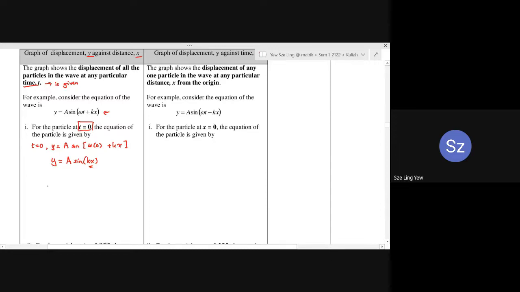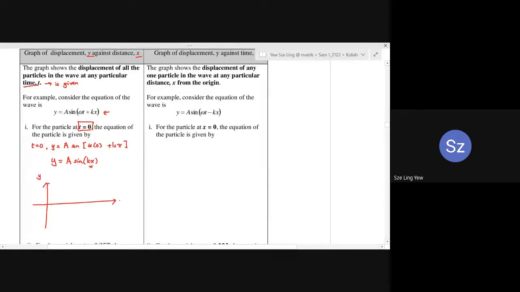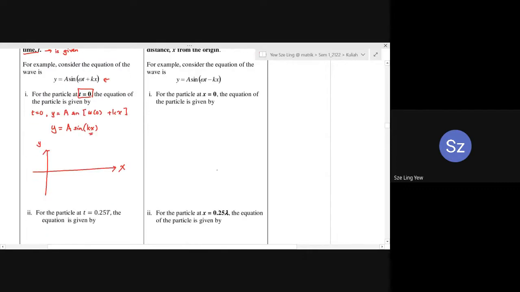So now I have a y-axis here and an x-axis here. The y-axis is still y, and the x-axis is now x rather than time. Because we know this whole thing happens at time t equals 0, this is the shape of the graph at time t equals 0, just at one moment.